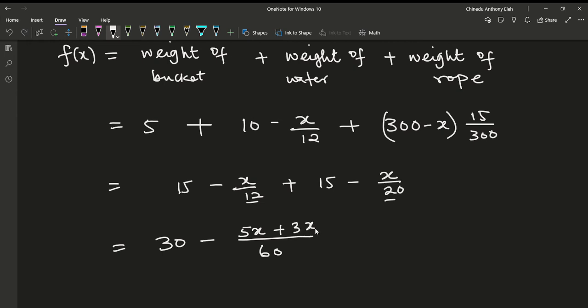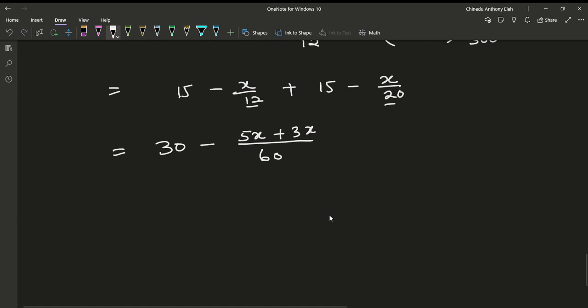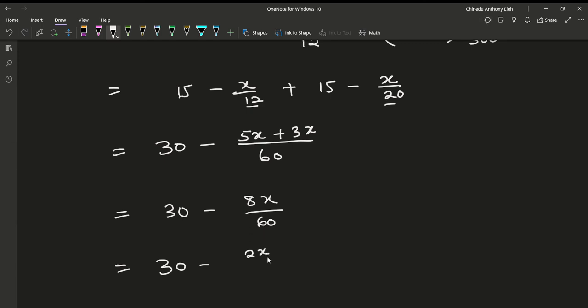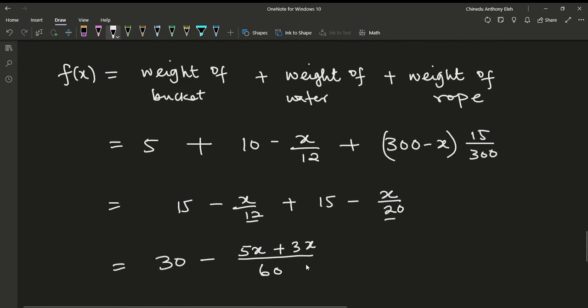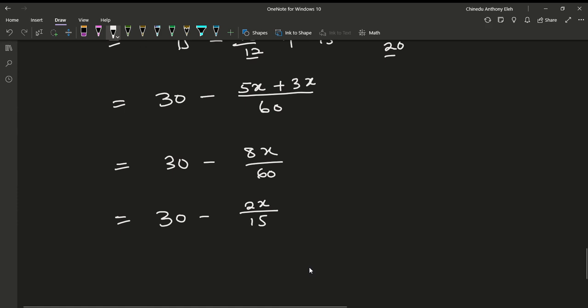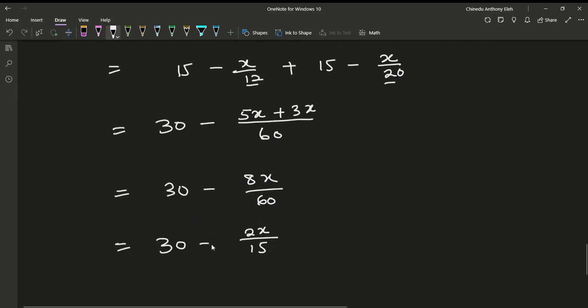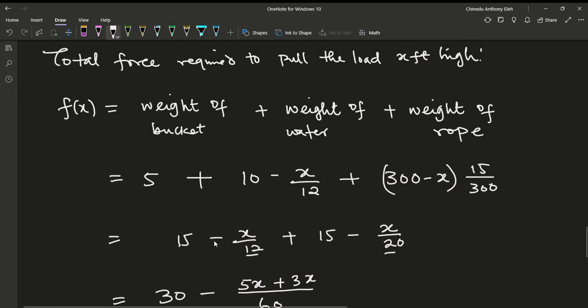So I have 3x. And that's it. So this will be 30 minus, this is 8x over 60, which is 30 minus 4 is common here, so I have 2x over 15. Awesome. So this is the force that is needed to keep that load at x feet high, right?